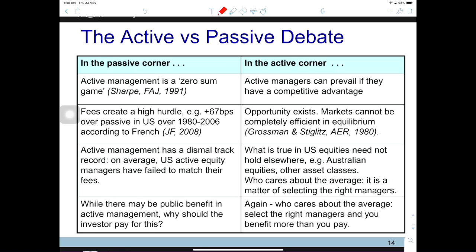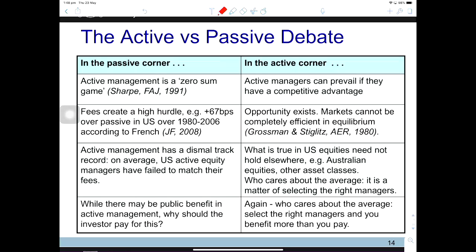Traditionally, we follow the teaching from classic finance textbooks. The market is generally efficient, and active management is a zero-sum game. So the net gain will be zero if you consider all of the participants in the market in your calculation.